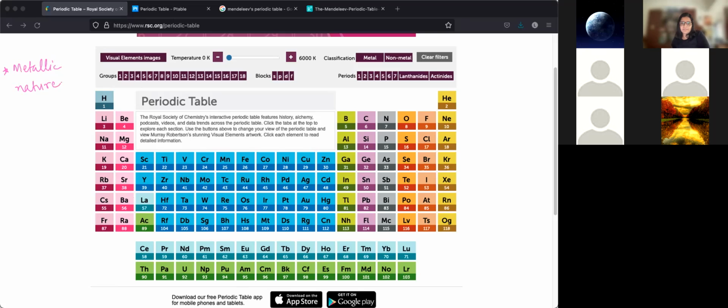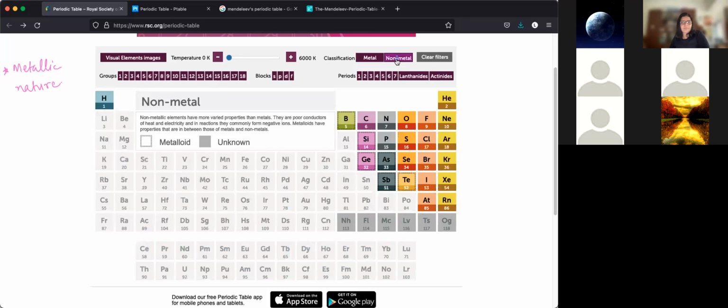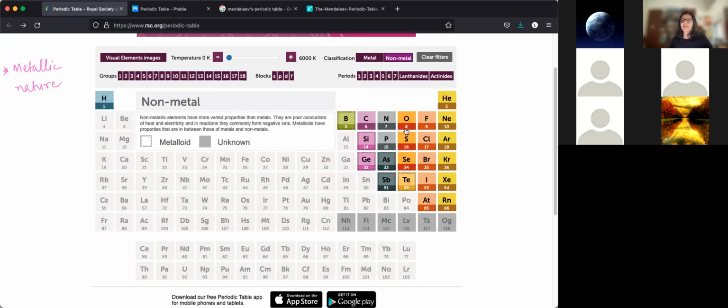Yes, so let me highlight the metals. In general, all the metals you see are on the left side, and the non-metals are on the extreme right side. So based on this, let's take it up slightly more granular.